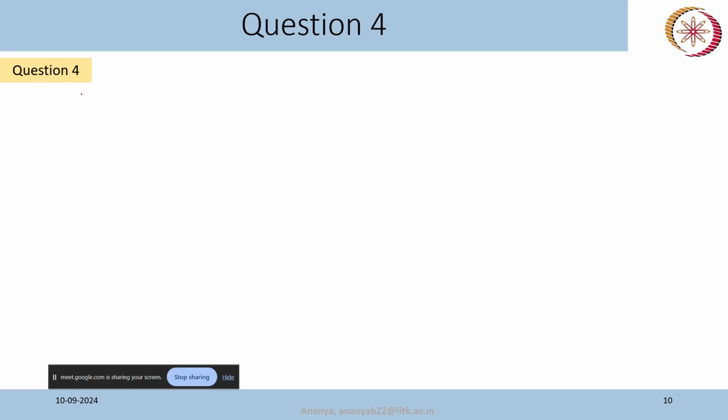So what is the etch-back process? So the process flow is like this.